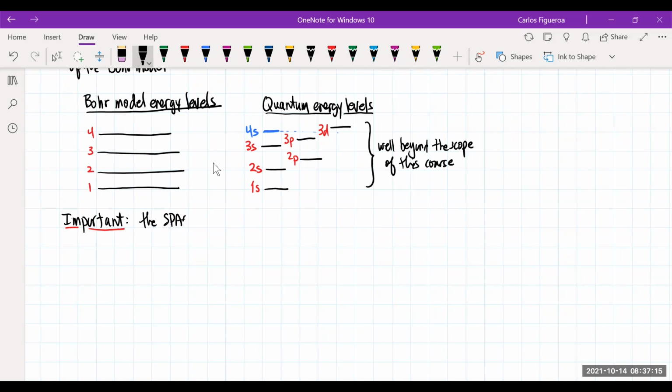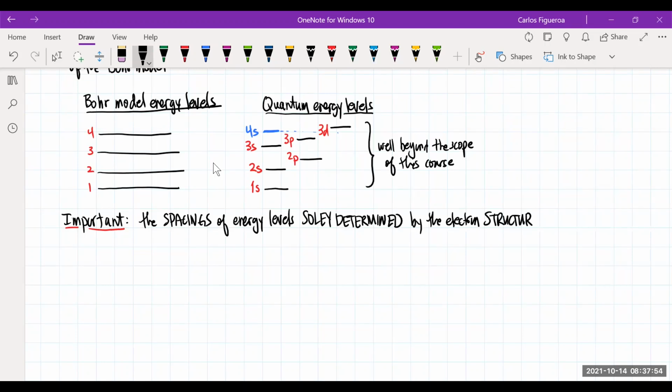The spacings of energy levels are solely determined, I think is a better word, by the electron structure of the atom.